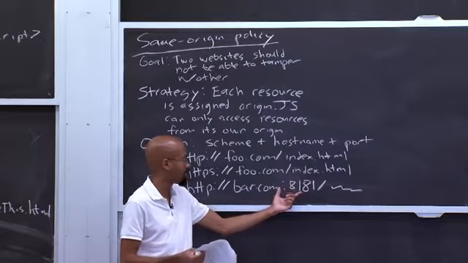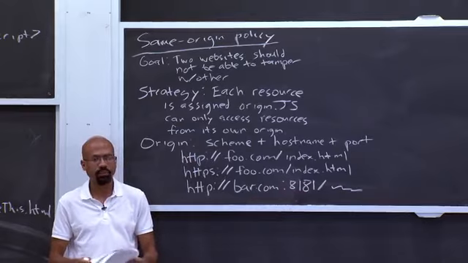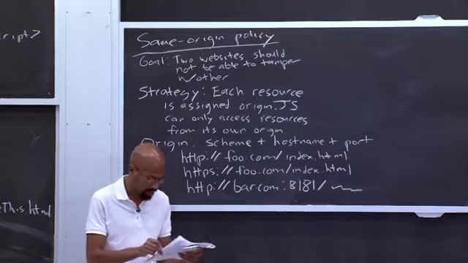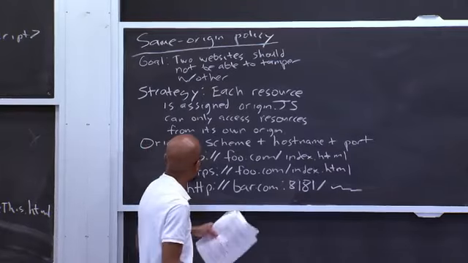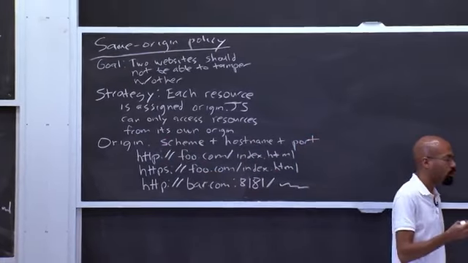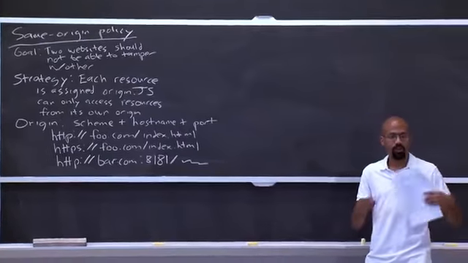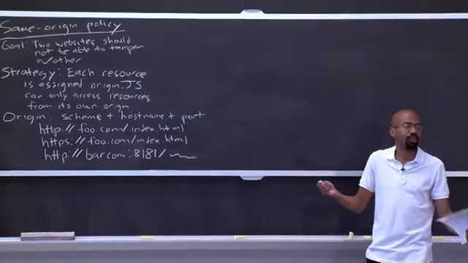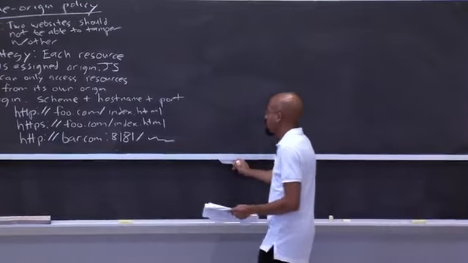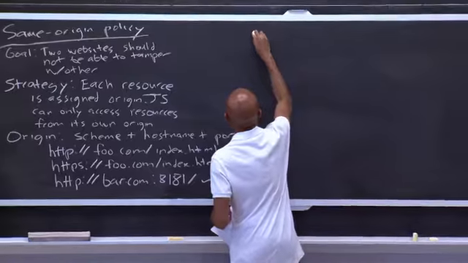So in this case, it's a non-default port of 8181. So does that make sense? It's pretty straightforward. OK, so this is basically what an origin is. Loosely speaking, you can think of an origin as a UID in Unix, with the frame being loosely considered as like a process.